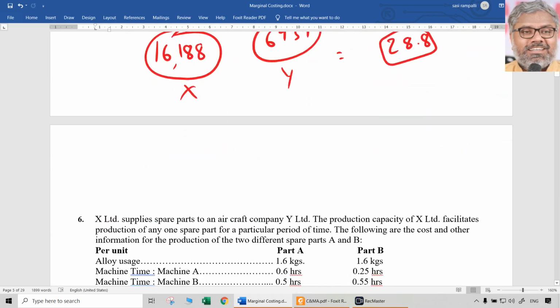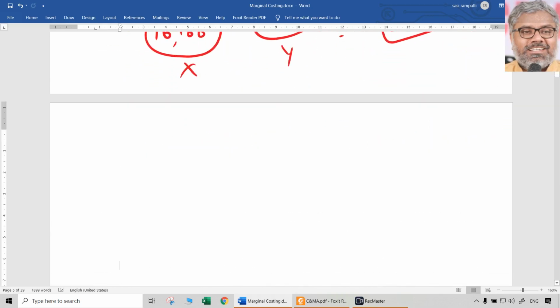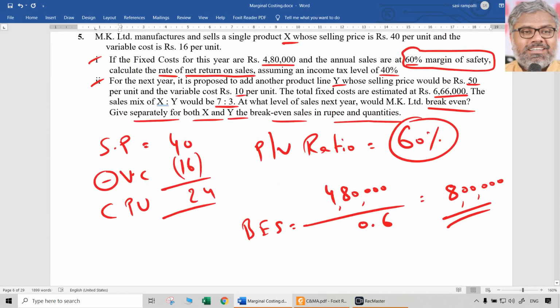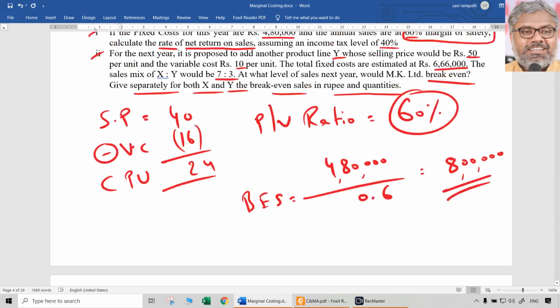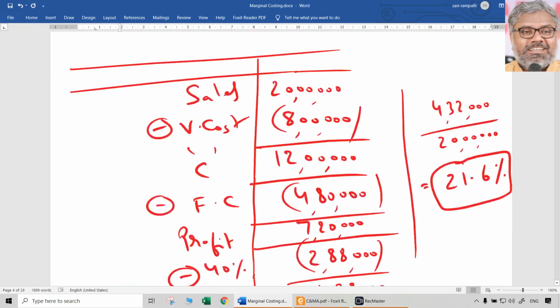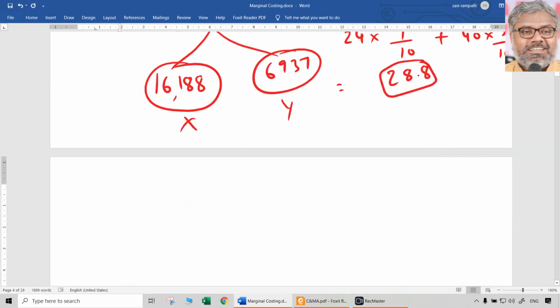See, once you have the number of units, you can easily find out the value also, because you know the selling price anyway. So what was the selling price of X? As we already know, the selling price is 40 rupees. The selling price of Y was 50 rupees. Done. Multiply X with 40, Y with 50.